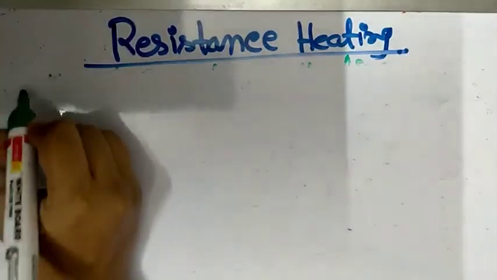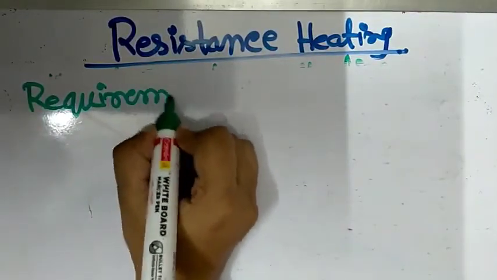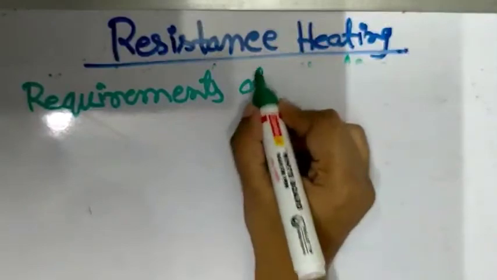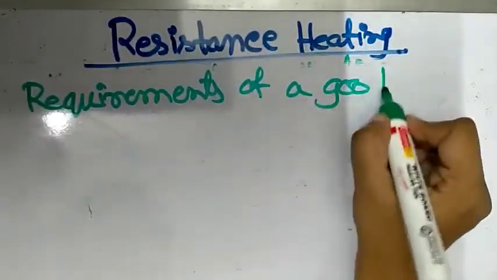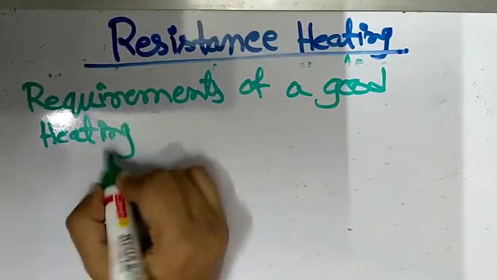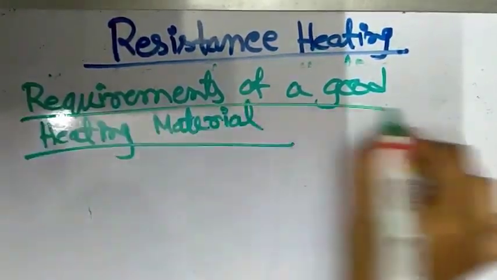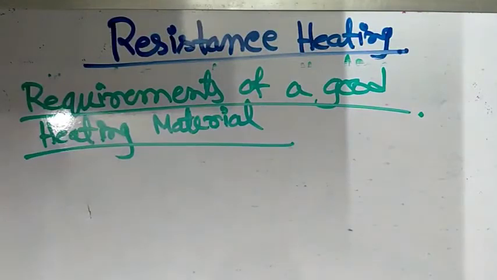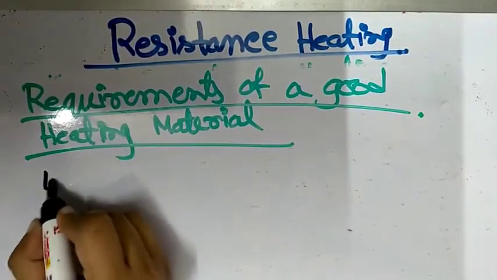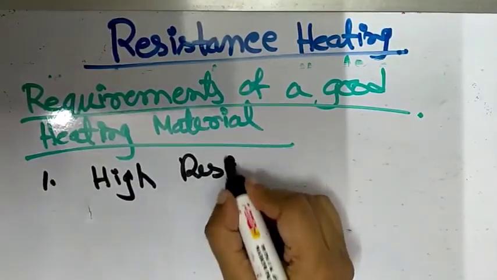First, it should have high resistance, so that a small length of wire may be required to produce a given amount of heating.